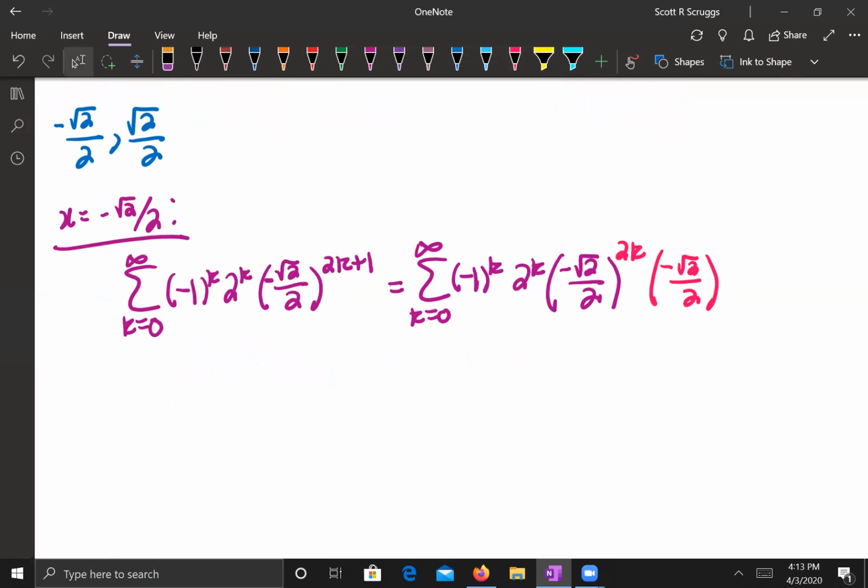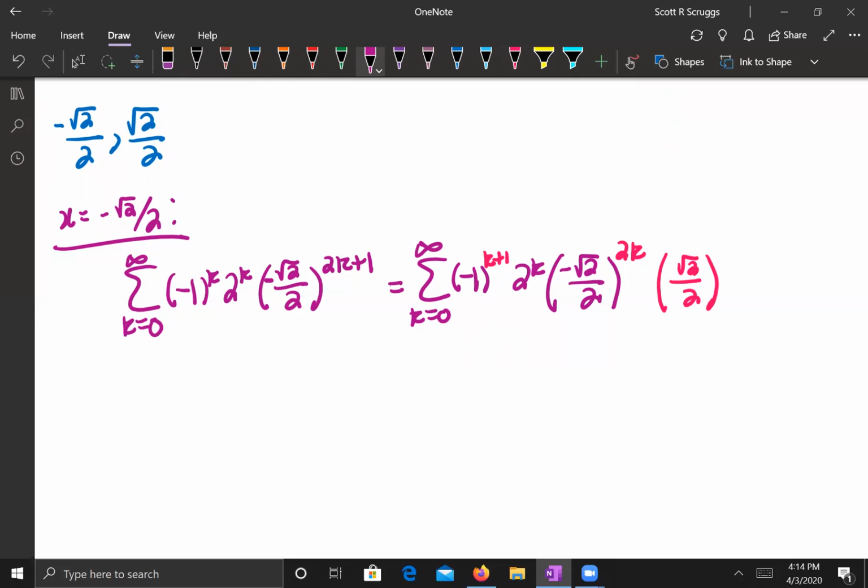Because I have an extra negative sign, I can essentially say that negative 1 goes with this negative 1 to the k to rewrite that as negative 1 to the k plus 1 power. And also for that negative sign, because the power is even, the negative sign is going away.